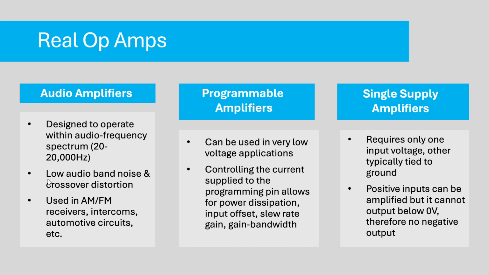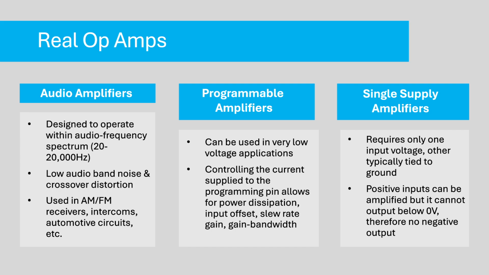One of the big features of this is low audio band noise and crossover distortion. It's essential that it not distort the signals when it amplifies them, because you don't want your audio to be pitched in a weird way or have some sort of distortion when it comes through.